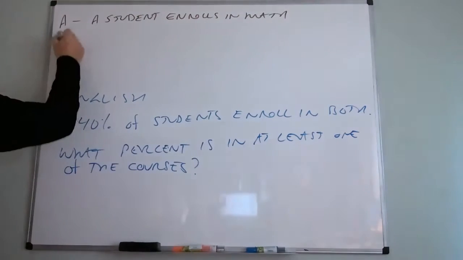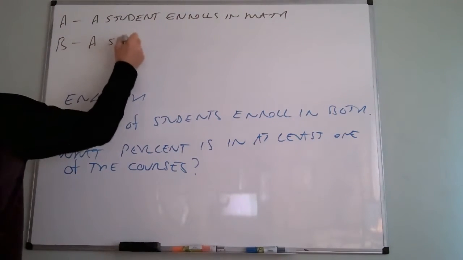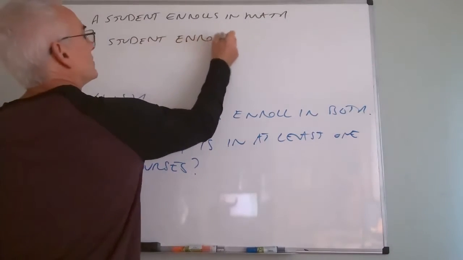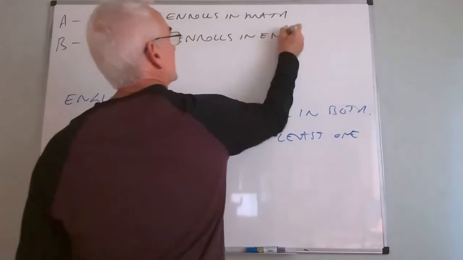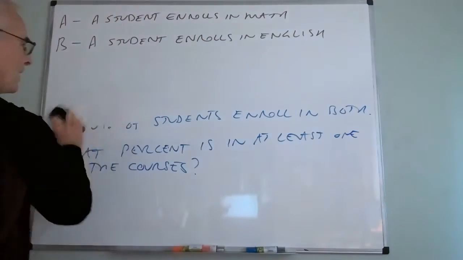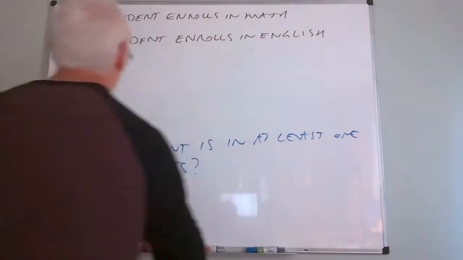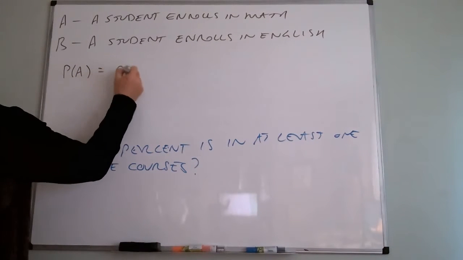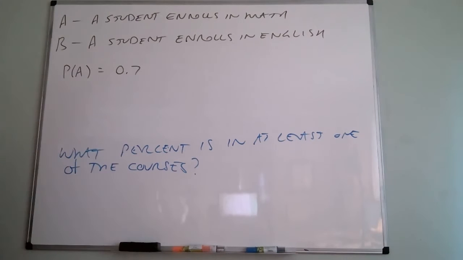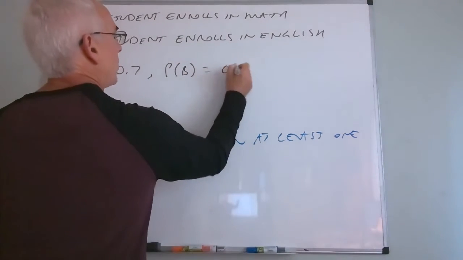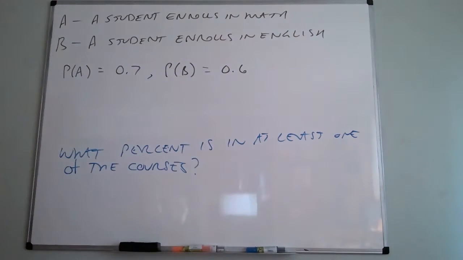Let's say event B is a student enrolls in English. Okay, so with that said, the probability of A is simply 0.7. The probability of B is simply 0.6. Okay, that makes it easy.